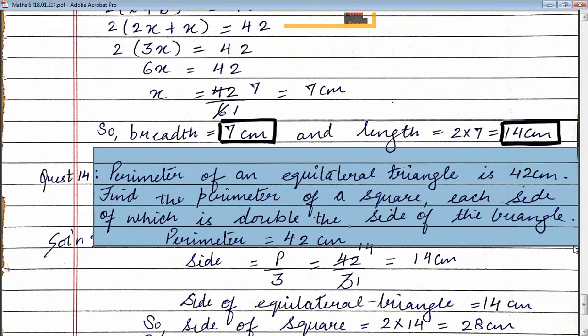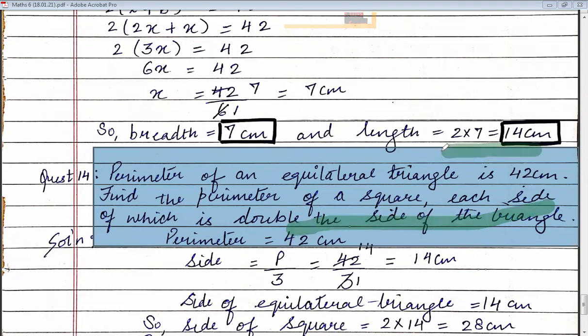Find the perimeter of a square, each side of which is double the side of the triangle. So children, here we need to find the side of the equilateral triangle, because it is given that the square side is double the side of a triangle.